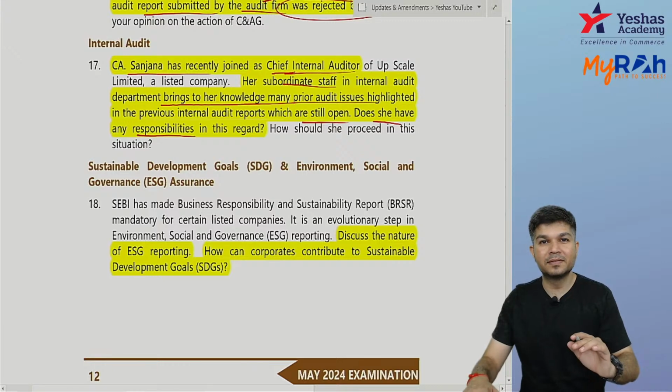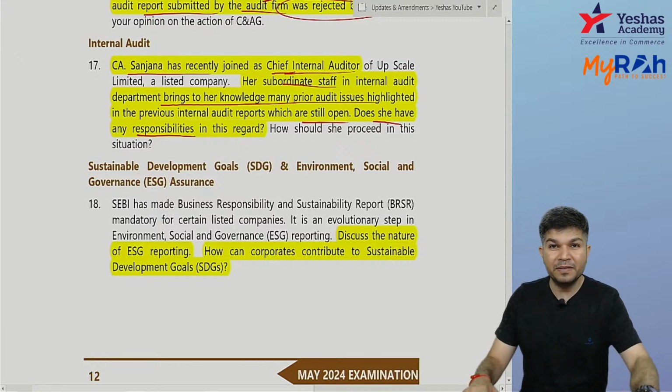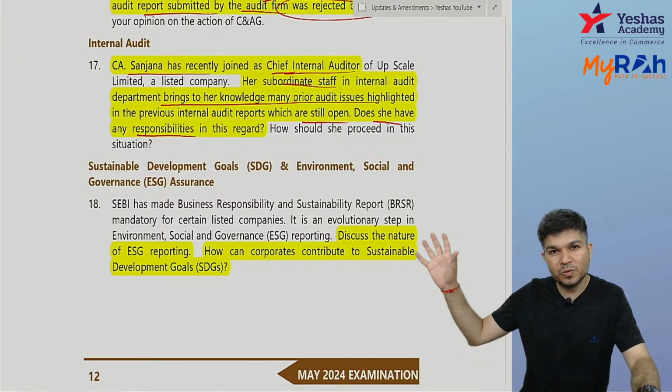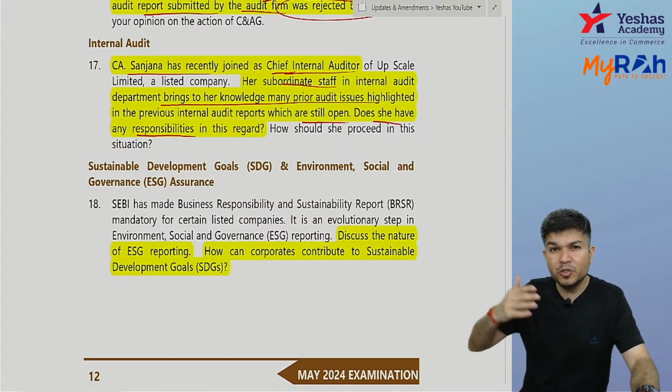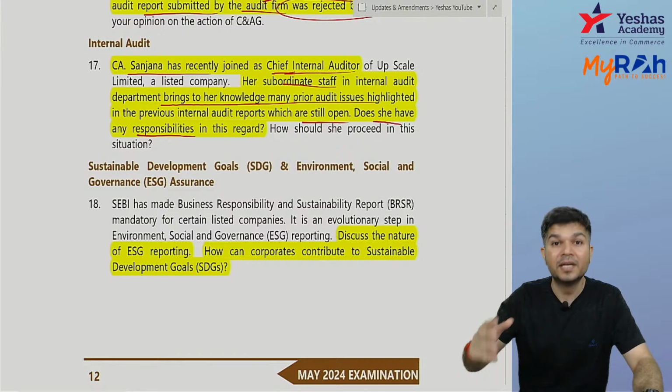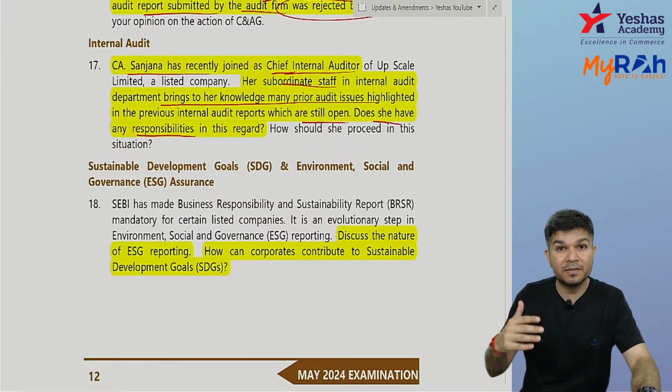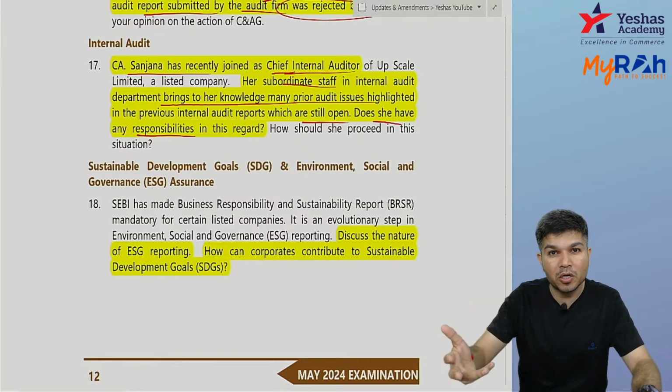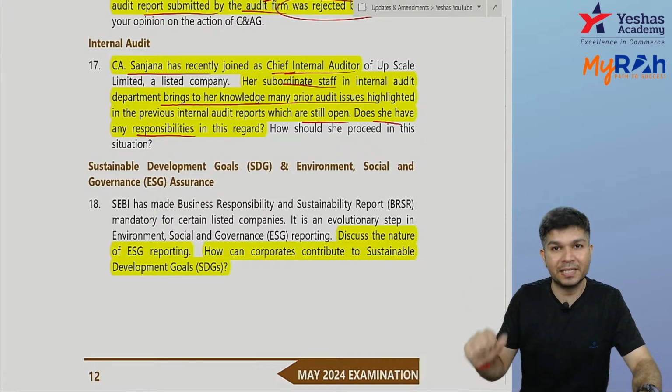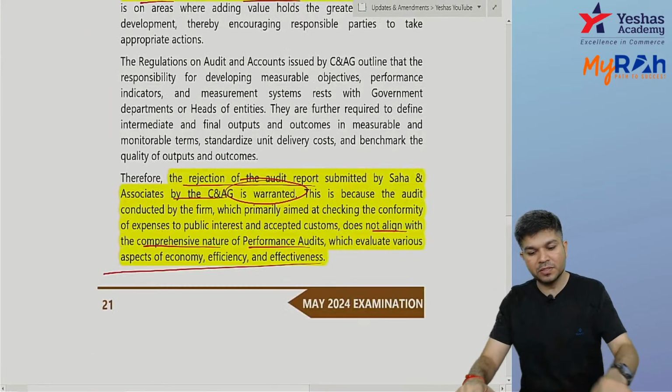Answer is yes. Whatever issues came up in the previous audit which are still open, you still need to monitor. You need to see whether management has taken actions or not. If they have taken actions, you check whether the actions taken by the management are appropriate or not. So under the word monitoring, they all come.